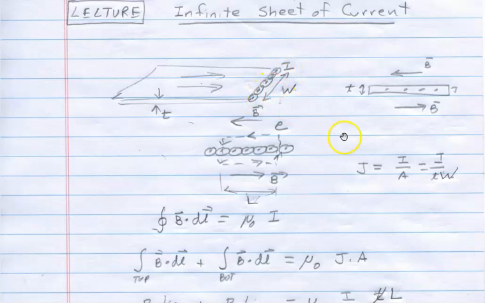Its current density, remember, is the current flowing down the wire divided by the area. If I've got a total current I flowing in this direction, the area that it's flowing through is just this total width W times the thickness, T, I've called it. So that's the current density.